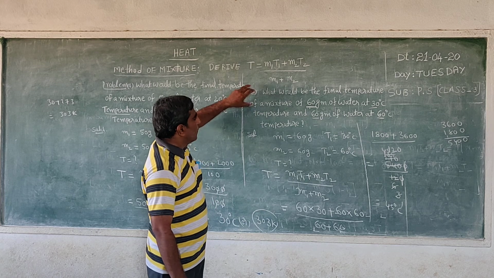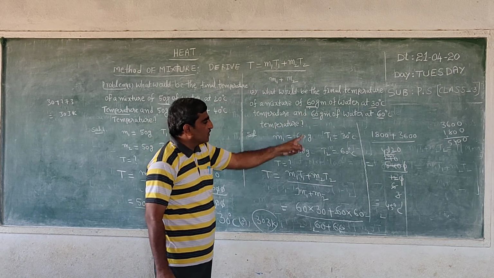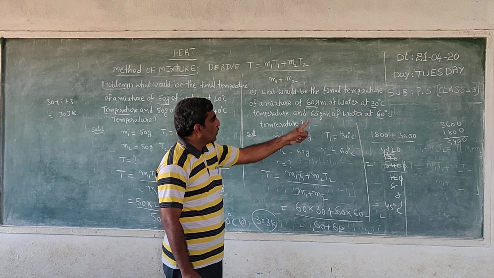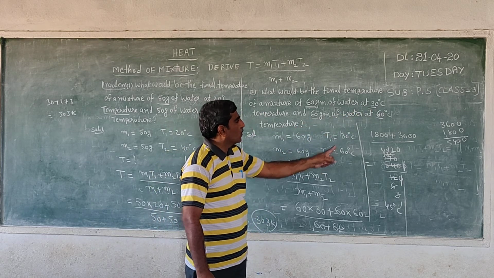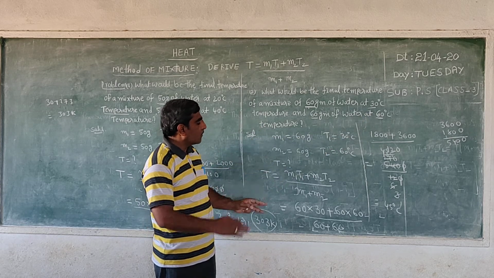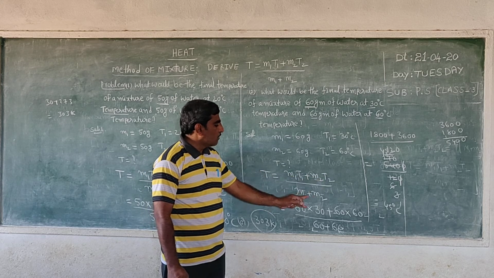We can find the final temperature of the mixture. The given data: M1 equal to 60 grams, T1 equal to 30 degrees Celsius, M2 equal to 60 grams, and T2 equal to 60 degrees Celsius. T equal to M1 T1 plus M2 T2 by M1 plus M2.